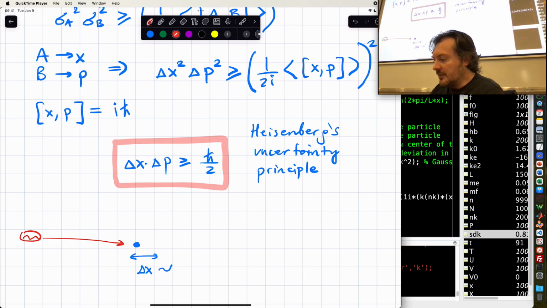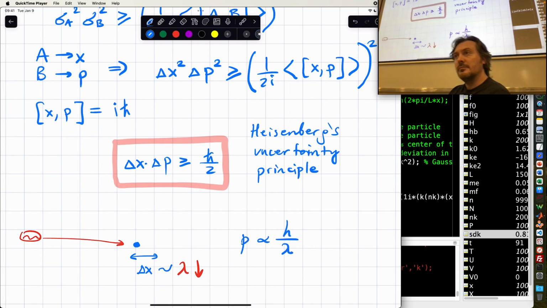The delta x is proportional with lambda of light, the wavelength of light. So the more precise you want to do it, the lower the lambda should be, right? But if you decrease lambda, you are increasing the momentum, right? Because momentum is h over lambda. So far, so good?